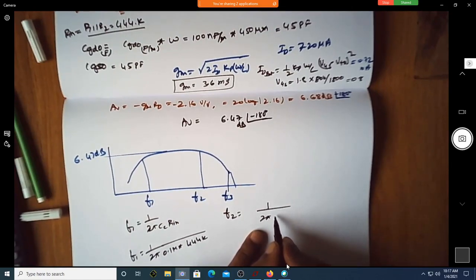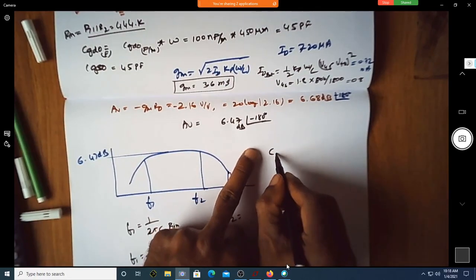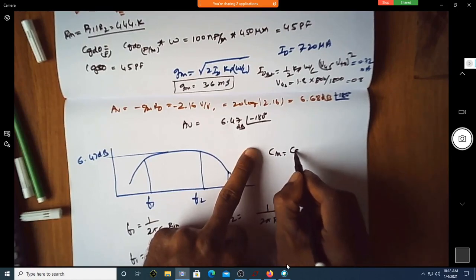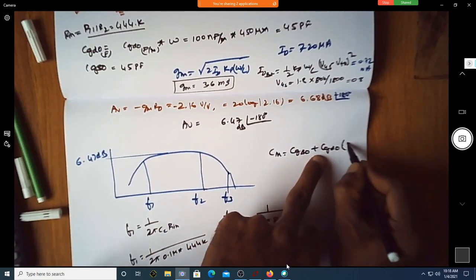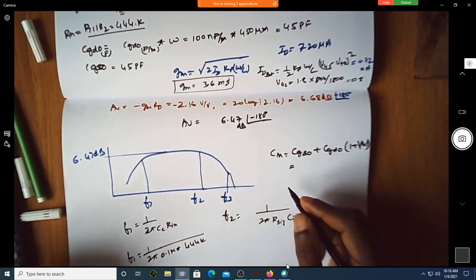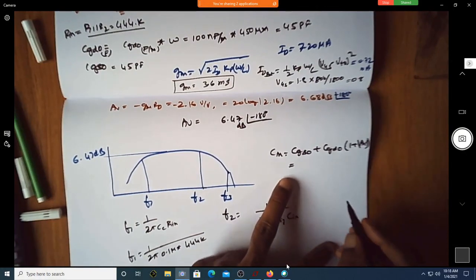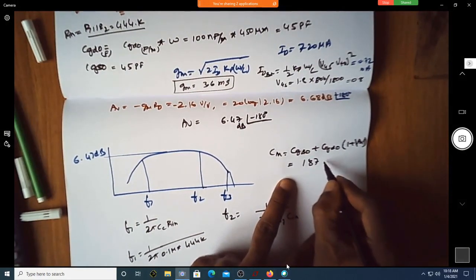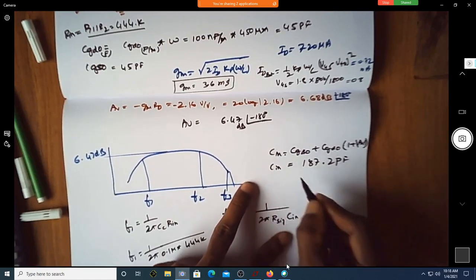Is it equal to R signal multiplied by Cin, where Cin is equal to CGSO plus CGDO into 1 plus AV magnitude, which, upon doing the calculation, I already did, comes out to be 187.2 picofarad. This is Cin.